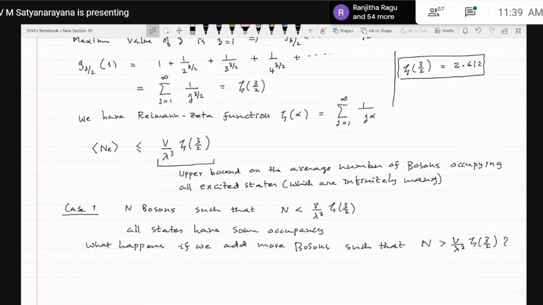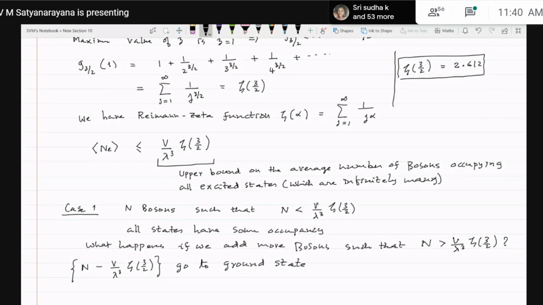So n minus V by lambda cube into zeta of 3 by 2 particles go to the ground state, and there is no limit on the ground state occupancy.